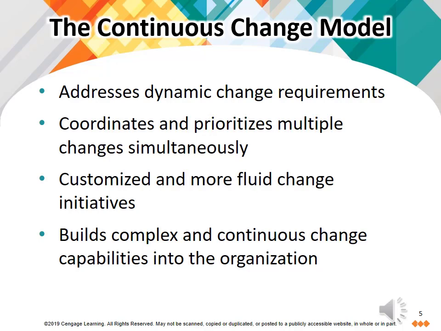And the continuous change model by nature, because it is more flexible, allows for multiple changes at the same time. It also can be customized and is more fluid in terms of the change initiatives, and builds complex and continuous change capabilities into the organization. Again, sometimes the more simplistic models are deceiving, from the perspective that just because we have fewer boxes on the page does not necessarily mean that it is a simpler process.